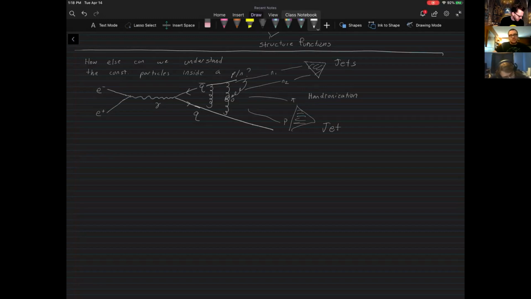Okay. And it turns out that I can look at this process before all this hadronization starts. I could just look at this side of this process, without all the gluon stuff sitting there. I could just look at that piece of this diagram, and that piece should not look too scary to you.